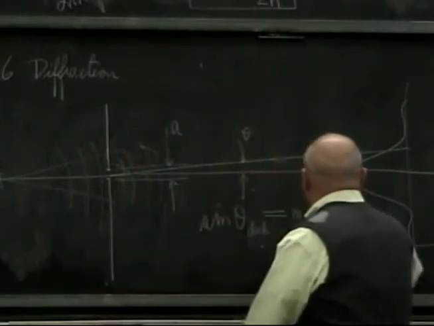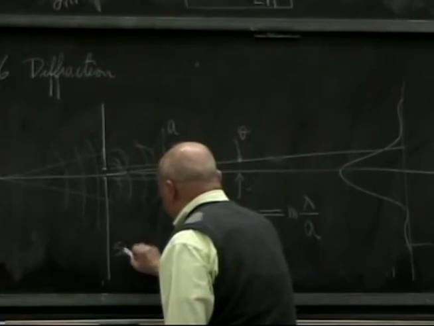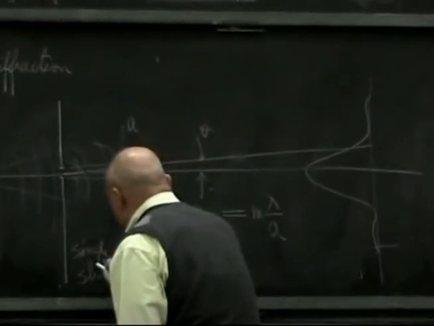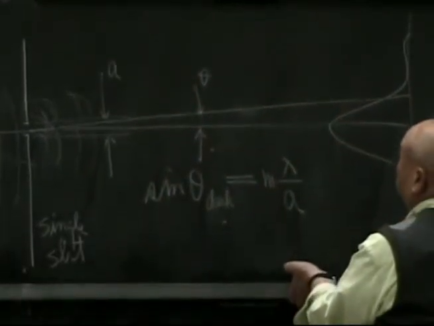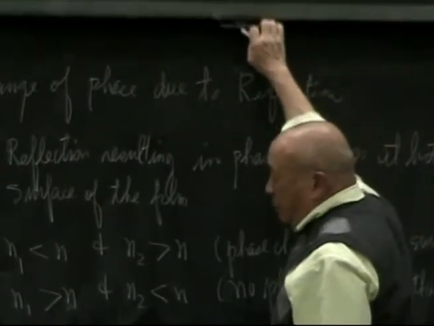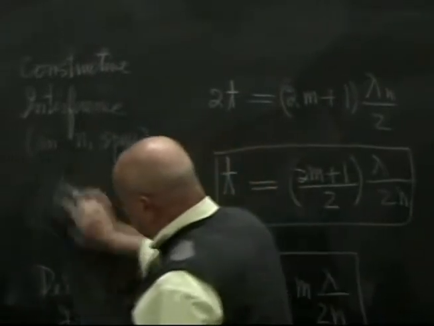So this is what we call the single slit. We can do this lab very nicely, but I don't know the schedule for this diffraction pattern. If not, you can use this for the special project.